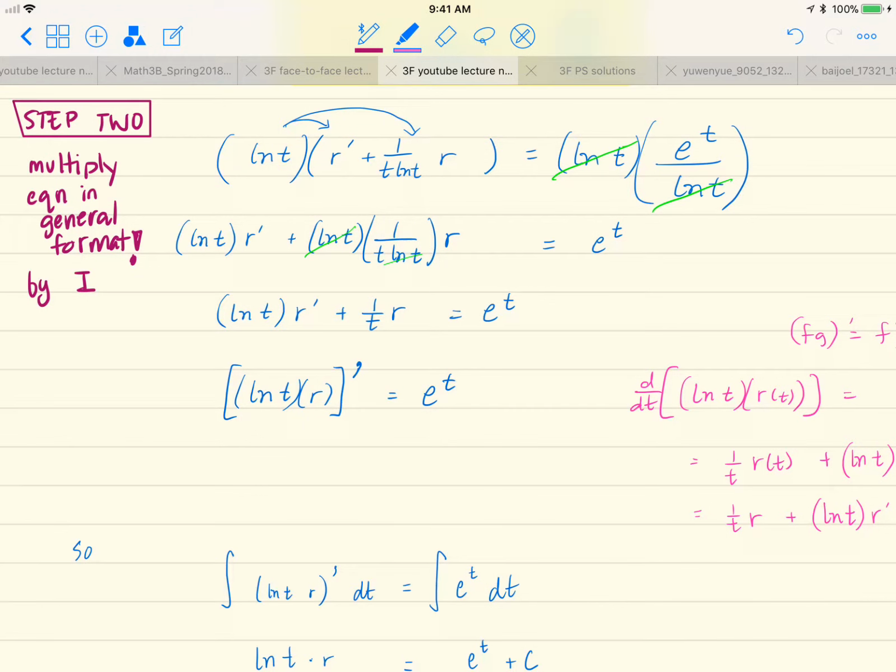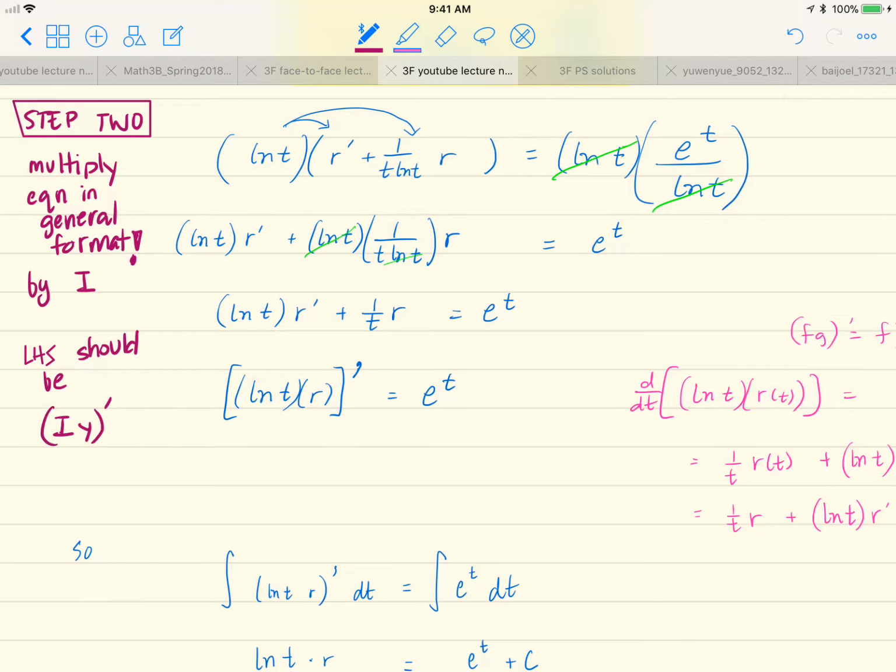Then you're going to group together the left-hand side. The left-hand side should end up being I times y prime.